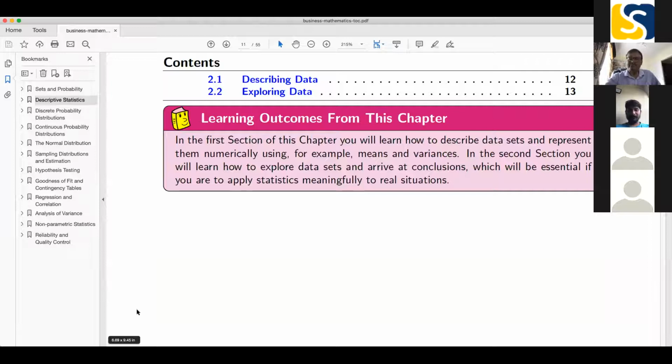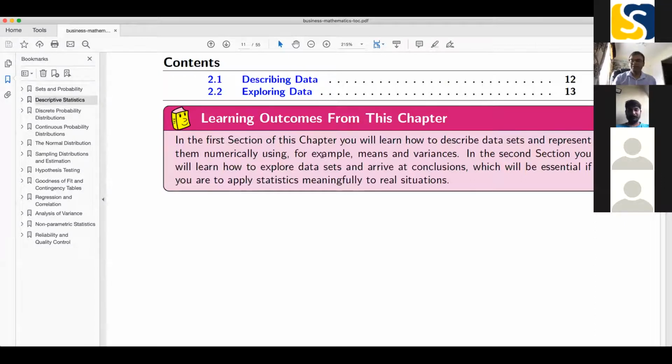Descriptive statistics means the description of data, because there are different kinds of data available, so how we are going to describe the data. The first section of descriptive statistics is describing data and exploring data.